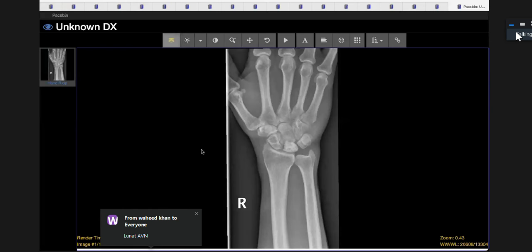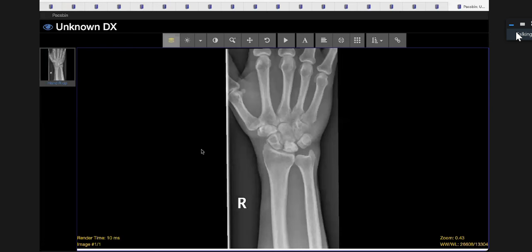So this is a frontal radiograph in a skeletally mature patient. On the first look, I don't see anything grossly abnormal, so I'm going to go through my review areas. The most striking abnormality is that the lunate is more sclerotic than the rest of the bones. The scapholunate interval is normal.